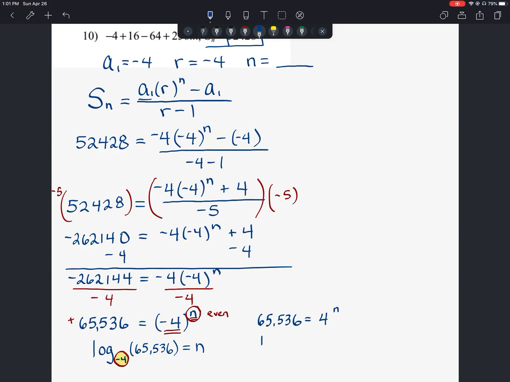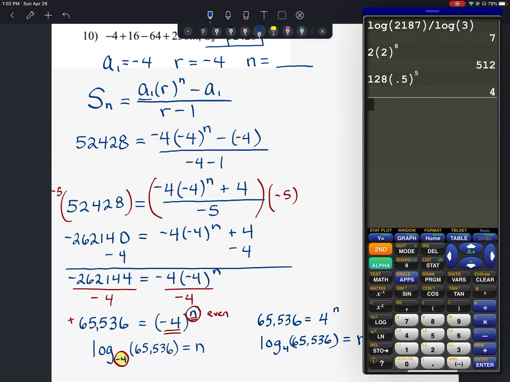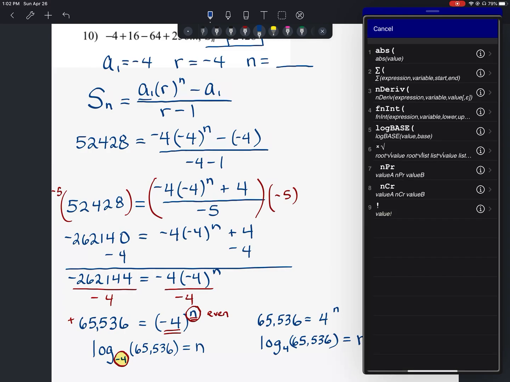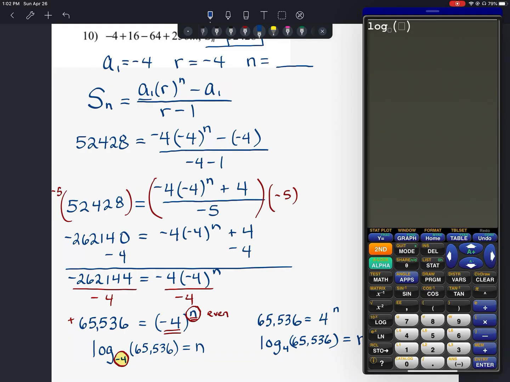So we'll rewrite this as log base 4 of 65,536 should equal our exponent. And we can use our calculator to get that value. So let's do the log base 4 of 65,536.